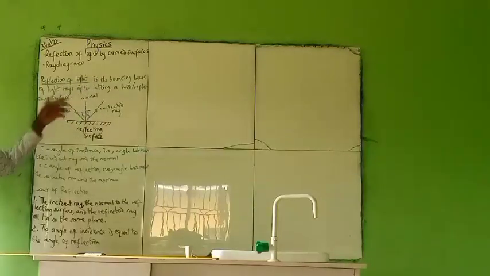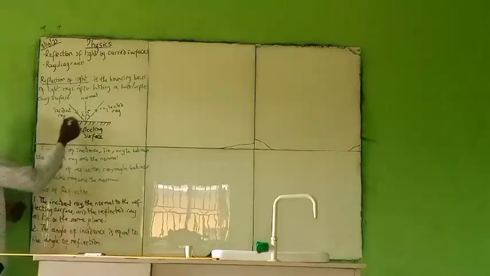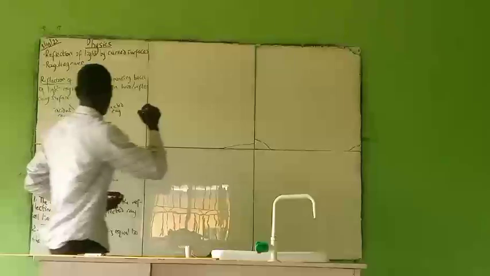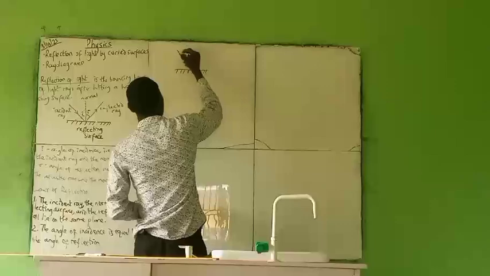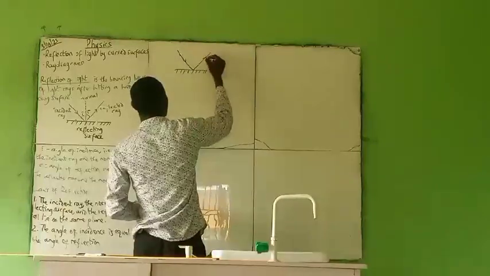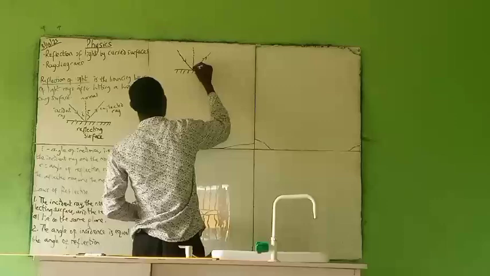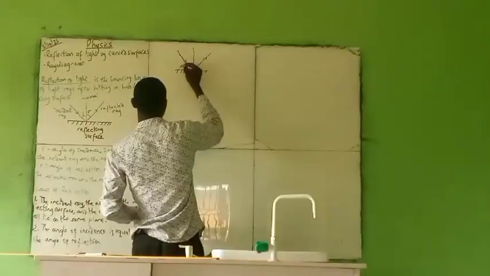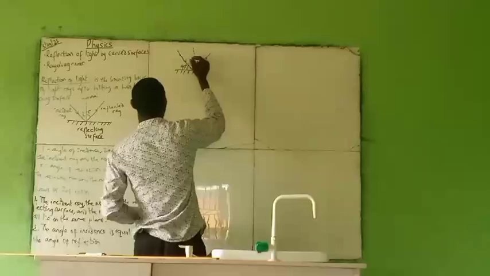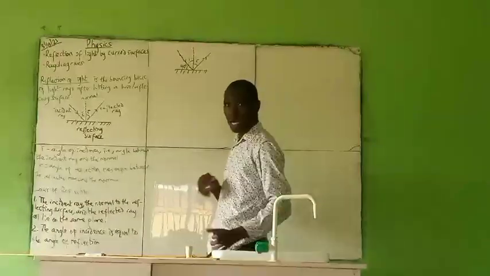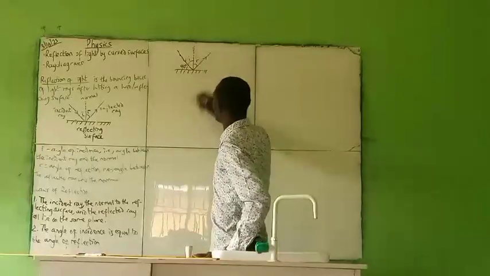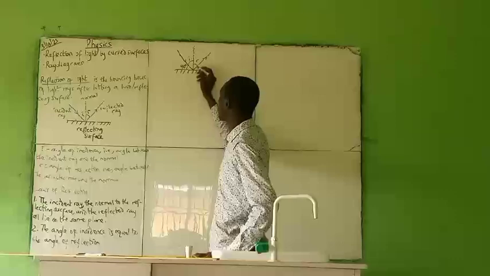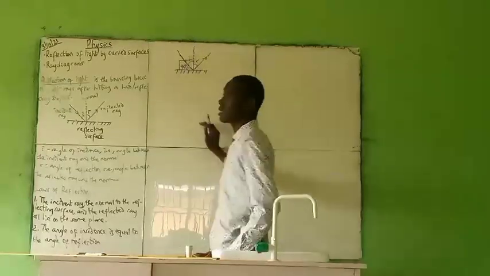30 degrees. Now, one trick which WAEC or other examination boards do is that you can be given the angle here instead. Let's take an example here. You have your reflecting surface, then the incident ray and the reflected ray, and this is the normal. You are only given this angle, let's say 40 degrees, but you have to find R and I. What do we do? If you look at this diagram very well, since we said that this dotted line here is a normal, to this reflecting surface, that will mean that from here to here is a right angle.